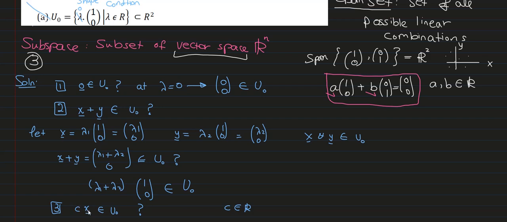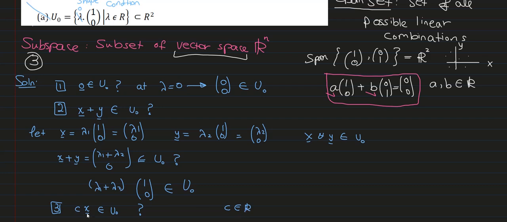Now we have mentioned X, that it's of that shape and it belongs to U node. So that coefficient in X belongs to the set of real numbers, because if it belongs to U node, it implies what is in U node. And here we have introduced C, so I have to define what C is. C belongs to the set of all real numbers. Okay, then it's a scalar.